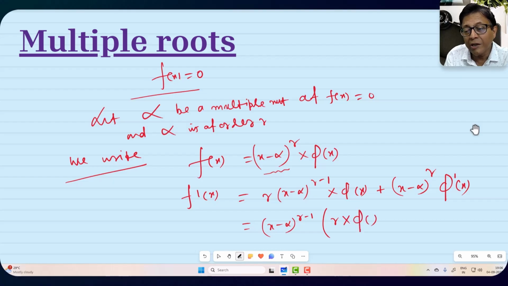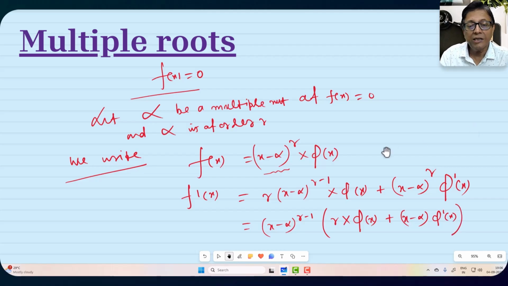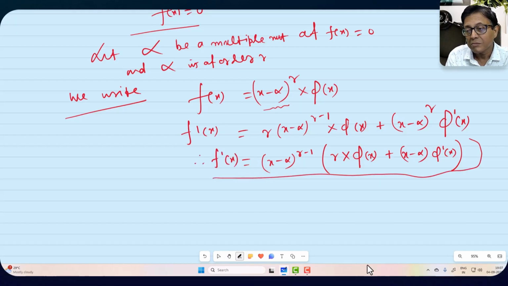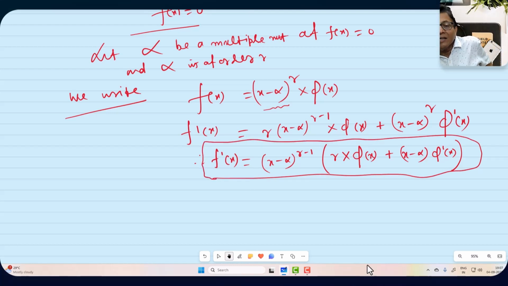This will be r into phi(x) plus (x minus alpha) multiplied by phi dash x. Clear? So you got f dash x equal to this thing.